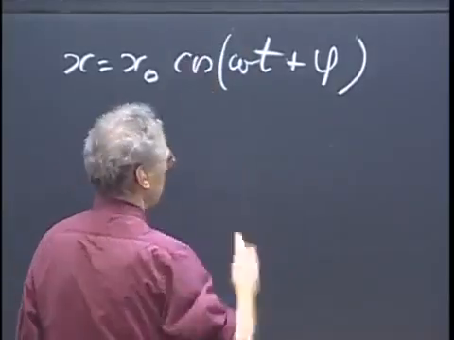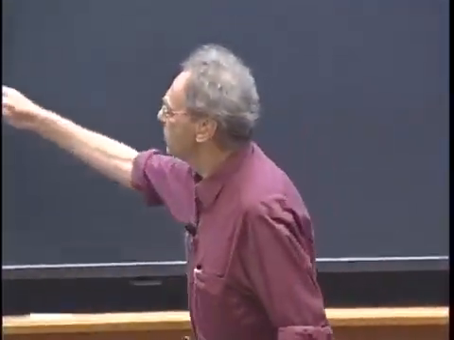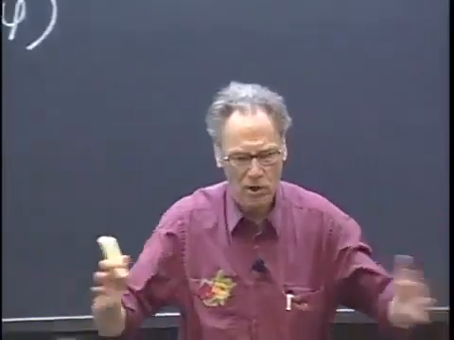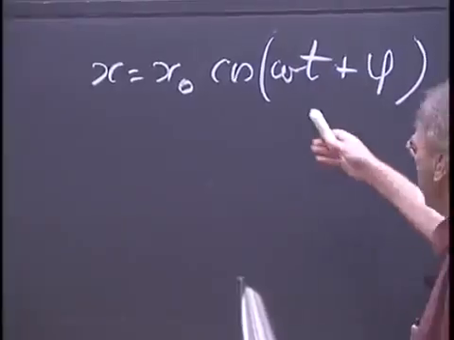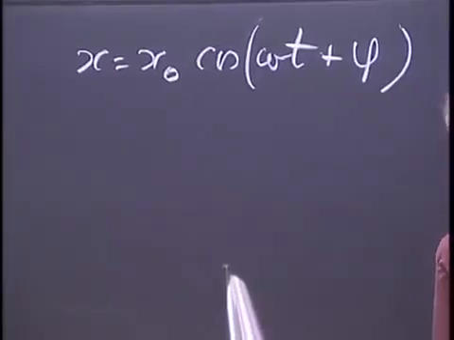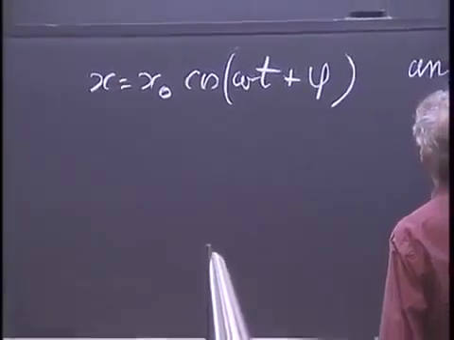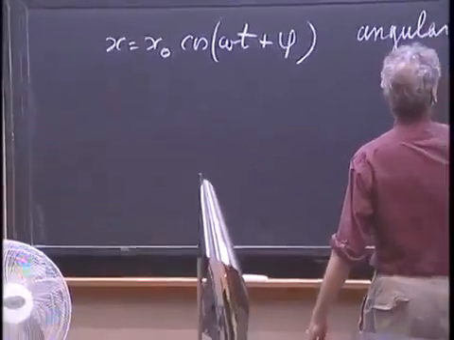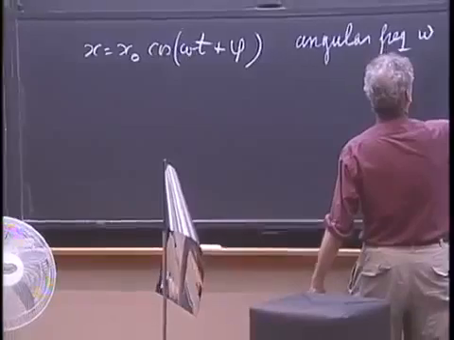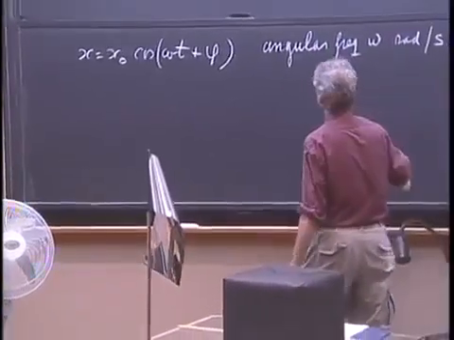You can write a sine here if you want to. x0 is the amplitude. It's the largest displacement from equilibrium. Omega is the angular frequency, which we express in terms of radians per second.